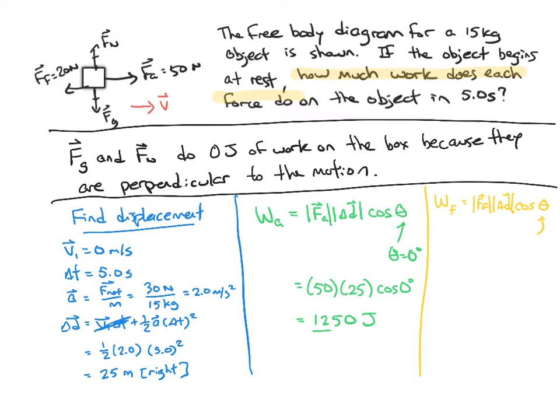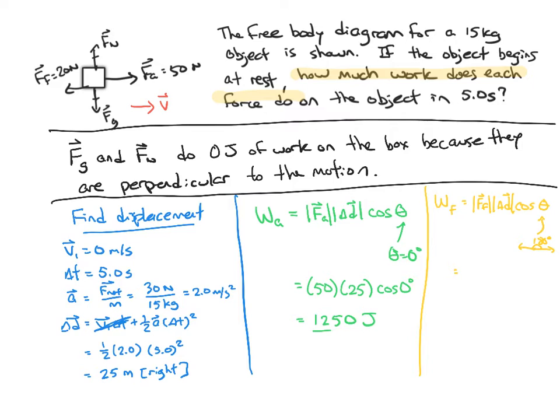The force of friction is to the left. The velocity is to the right. So they're in completely opposite directions to each other. If I draw them out tail to tail, one's to the left, the other's to the right. It's a 180-degree angle between them. So theta is going to be 180 degrees in this case.